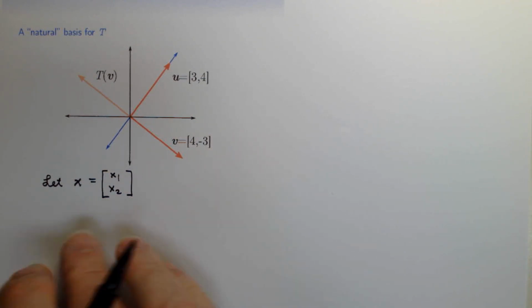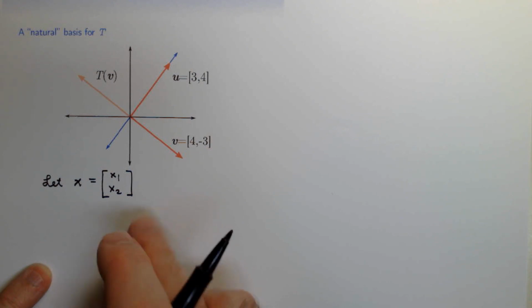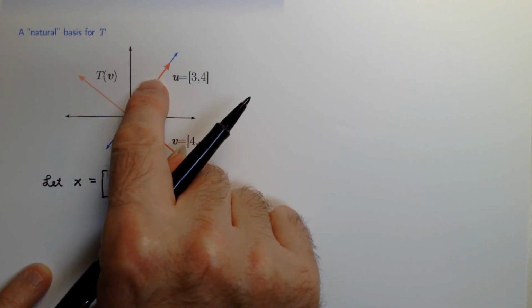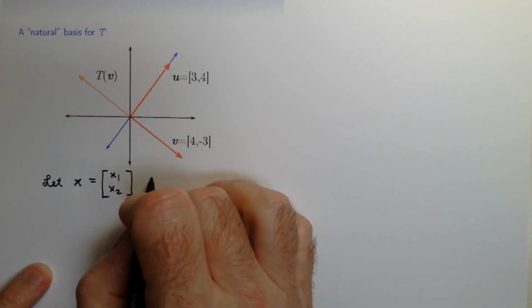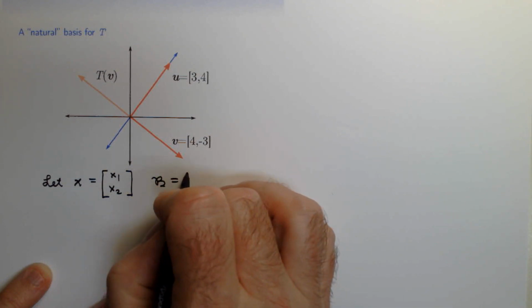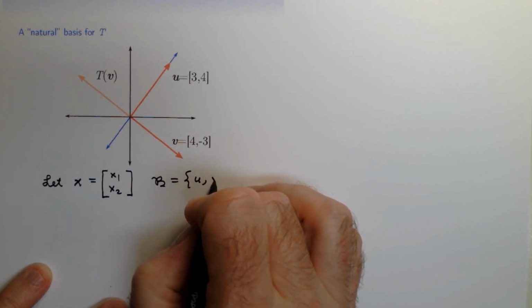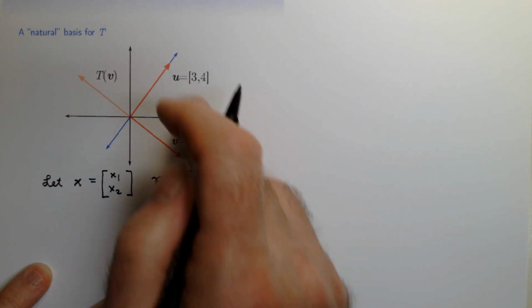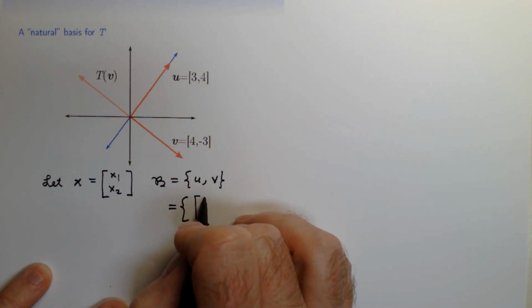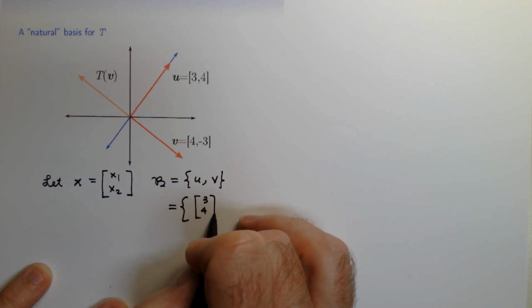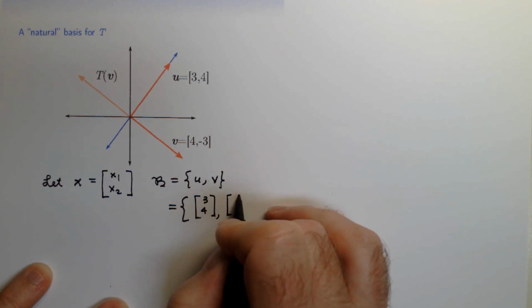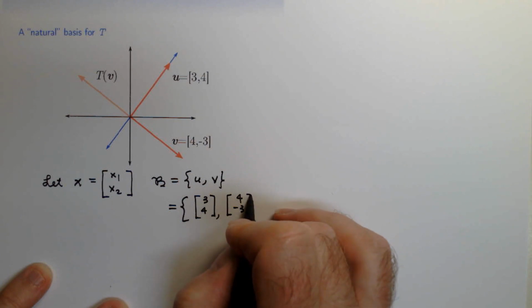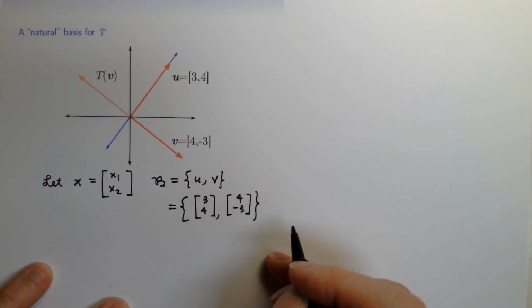And let's say script B is going to be the basis consisting of the vectors u and v in that order. So that's the vectors, let's say, 3, 4, and 4, -3. So that's another basis for R2.